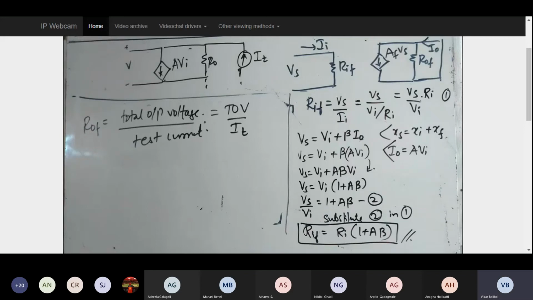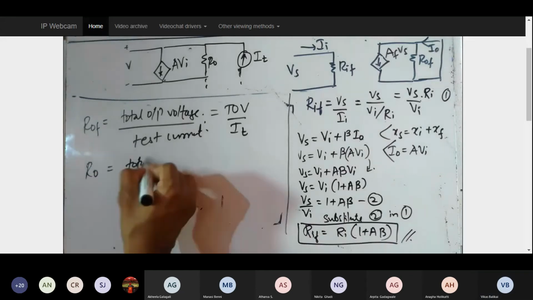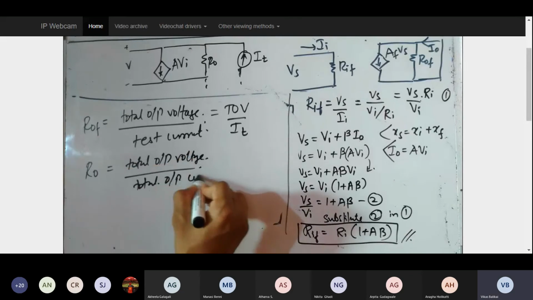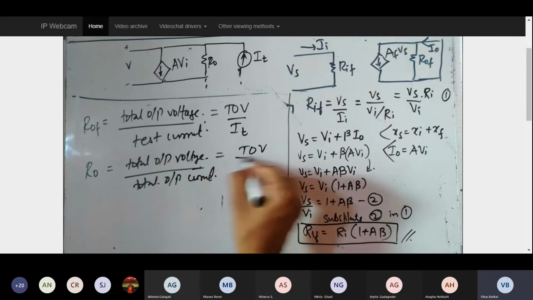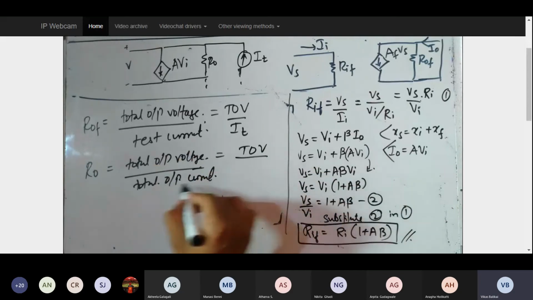And how do I write R naught? R naught is given by total output voltage upon total output current. So look at the difference. Total output voltage divided by total output current. Next expression: total output current. Can you tell me what will be the total output current?